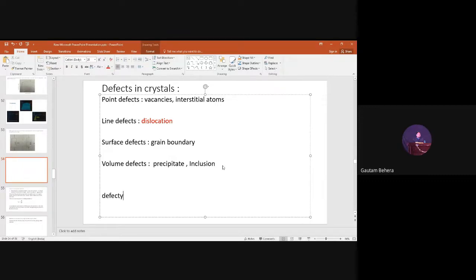So crystalline defects, the best example you can give is high dislocation density.